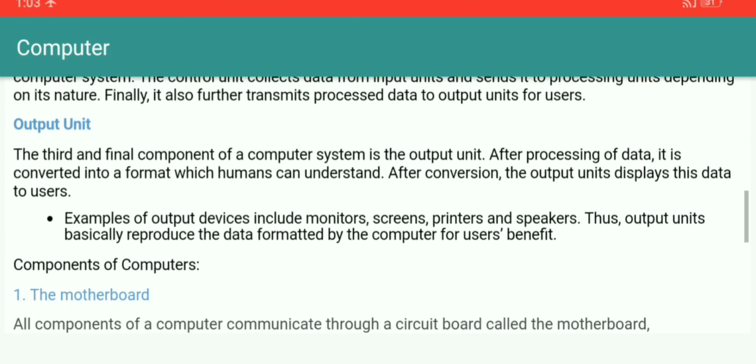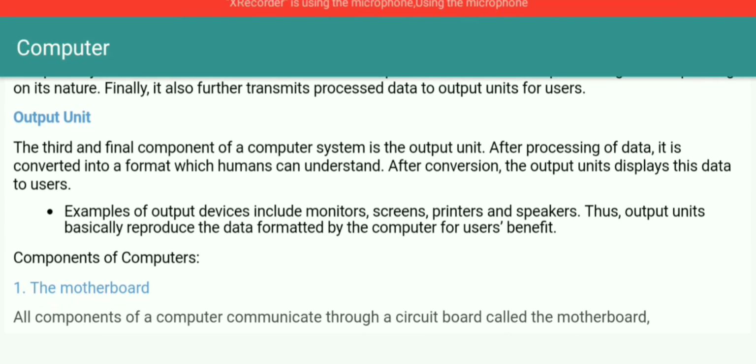Example mga kaibigan of output devices includes monitors, screens, printers, and speakers. Thus, outputs unit basically reproduce the data formatted by the computer for users' benefit.